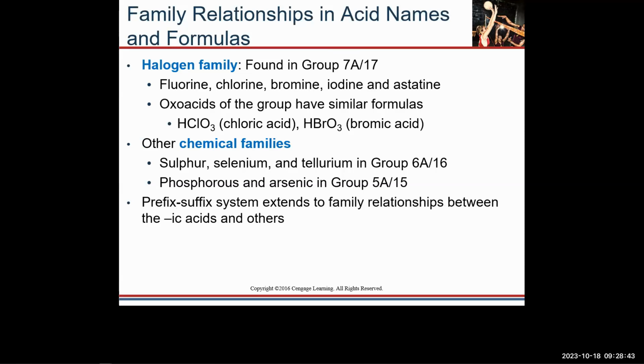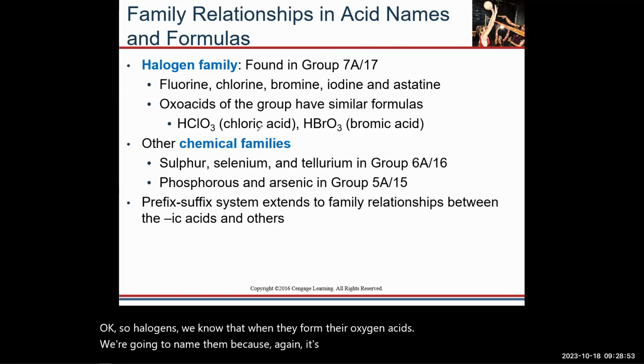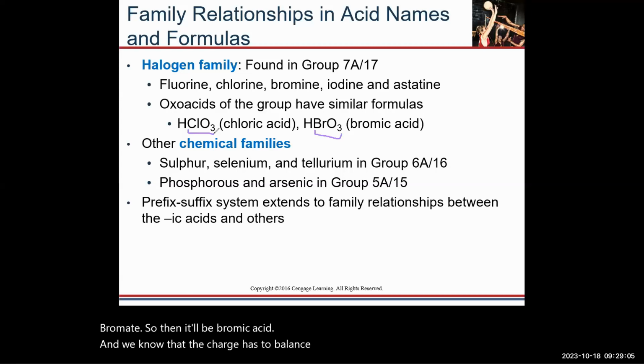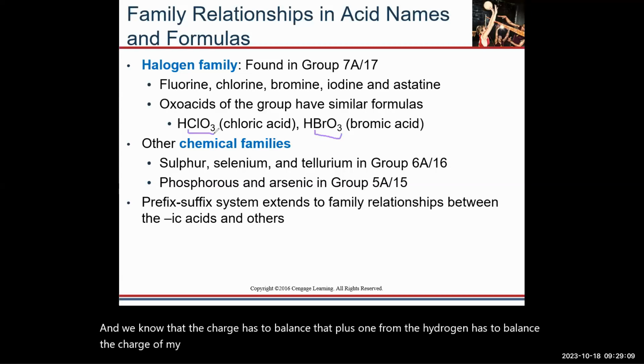Okay. So halogens, we know that when they form their oxyacids, we're going to name them based on the anion. Again, it's chlorate, so it'll be chloric acid. Bromate, so then it'll be bromic acid. And we know that the charge has to balance. The +1 from the hydrogen has to balance the charge of my chlorate, which is what charge?